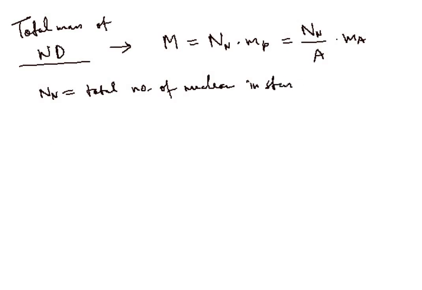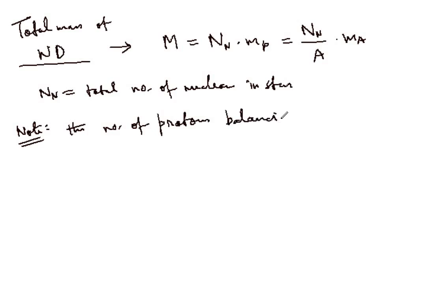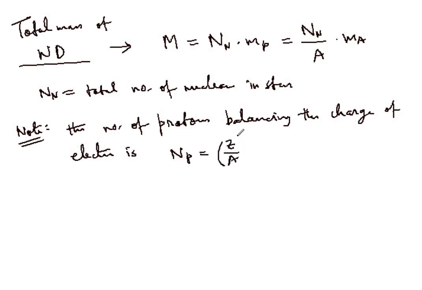Now it is important to note that the number of protons balancing the charge of electrons is given by Np is equal to Z by A into Nn, right? And this is equal to Ne.